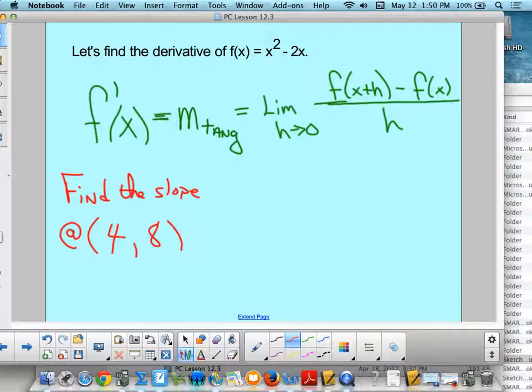Because I have to get rid of the square sign here. I don't want you to do f of 4. I want you to find the derivative. And the derivative is this one.